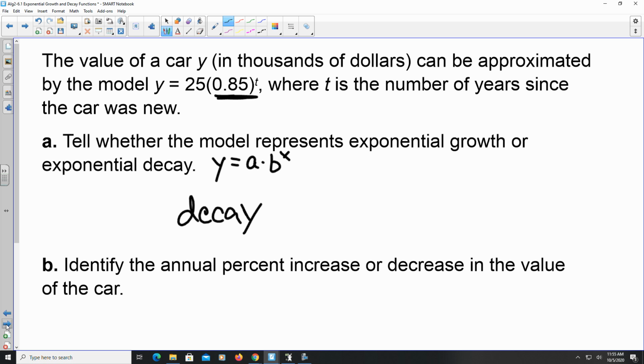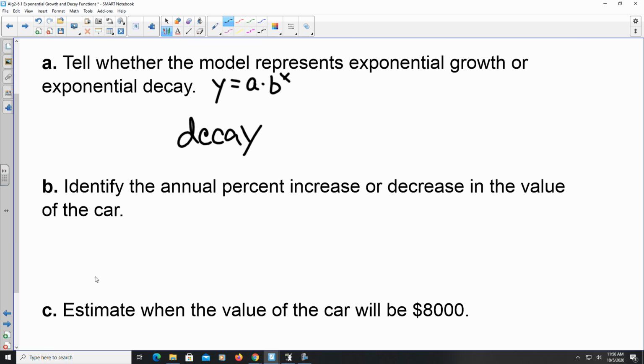It makes sense because they're talking about the value of a car as it gets older. More often than not, a car decreases in value as it gets older. Here it's asking you to identify the annual percent increase or decrease in the value of the car. Since it's a decay, we know it's going to be a decrease, and we need to find the percentage.